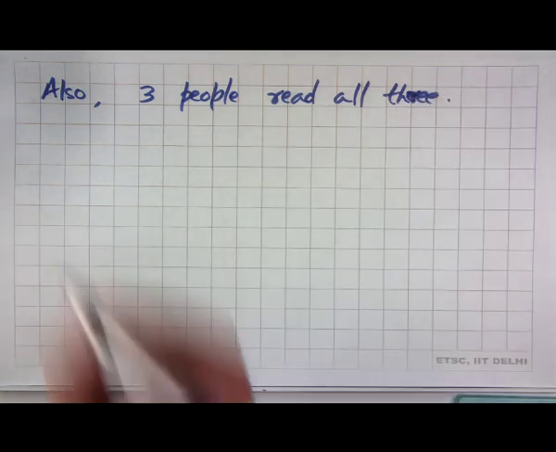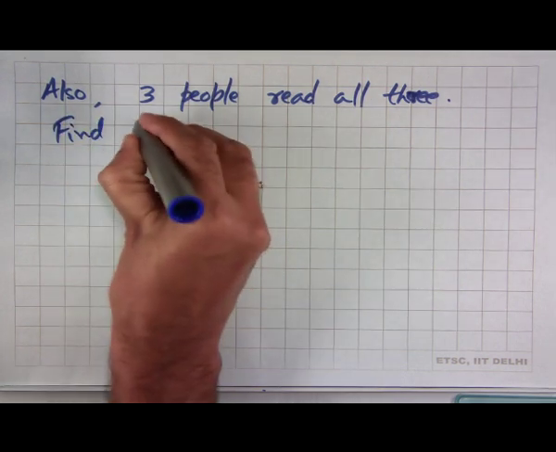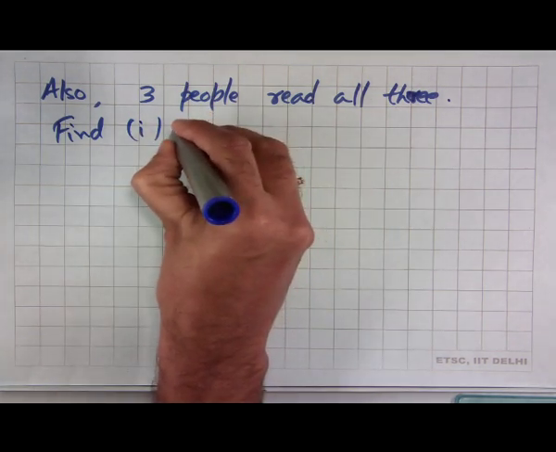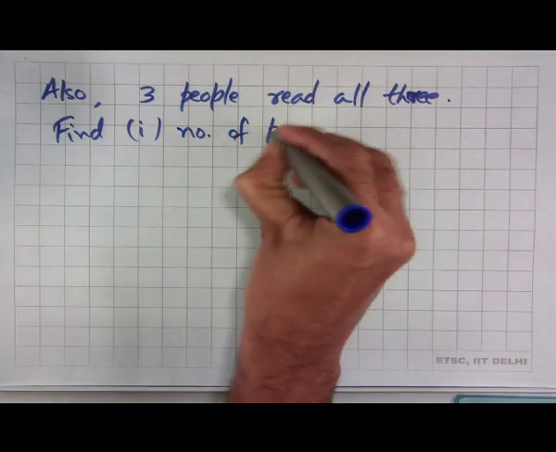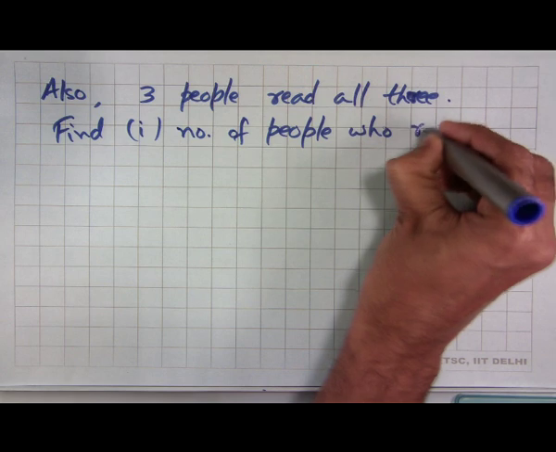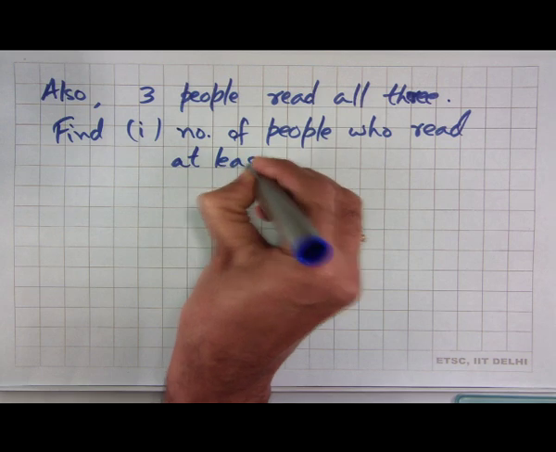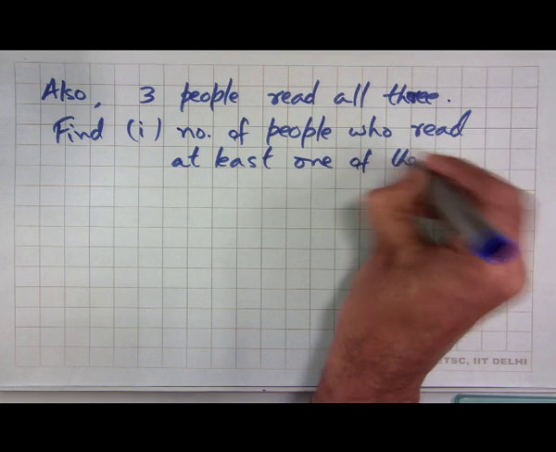Now, what do we have to find? Find, first one is the number of people who read at least one of the 3.